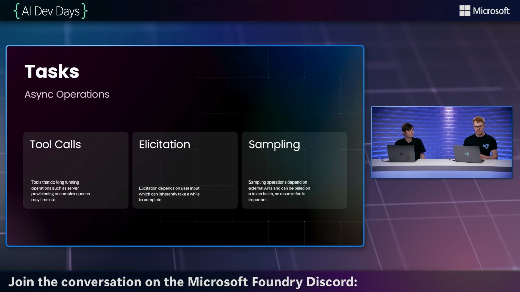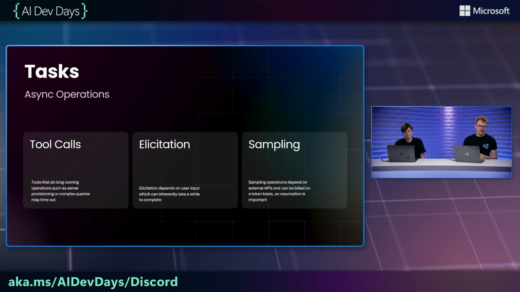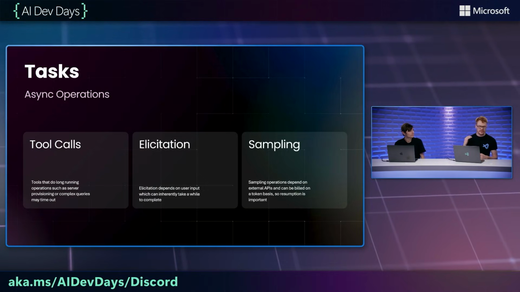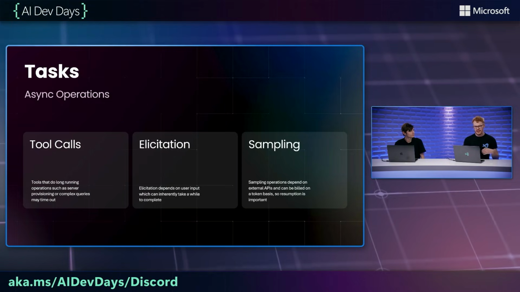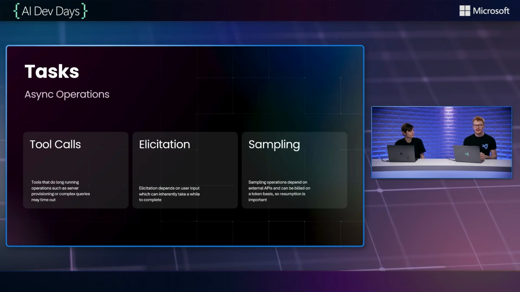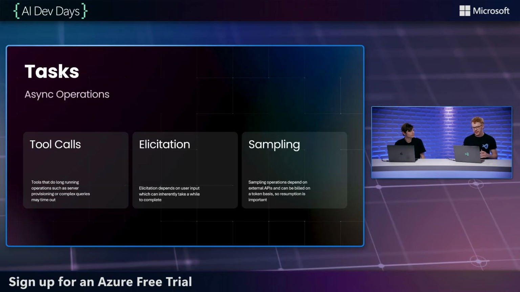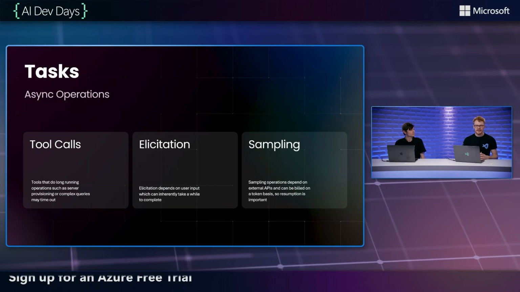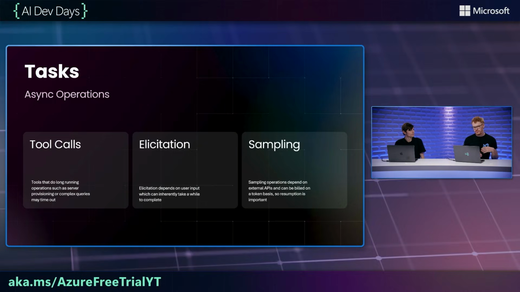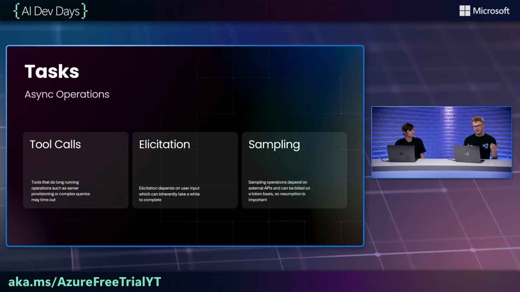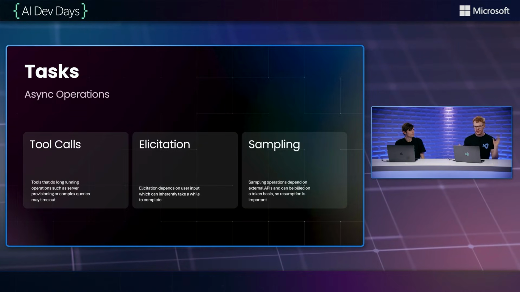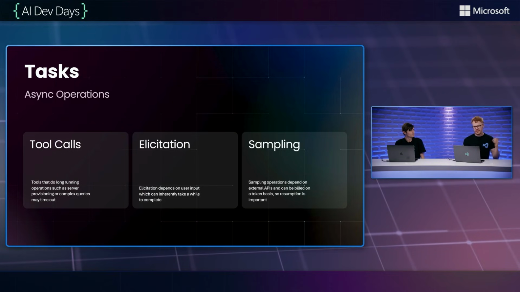which is a case where the server can ask the client to make a language model request on its behalf, and that could take a while. Currently these work great if you have a local server running on stdio, because that's running its own process. It can live forever.